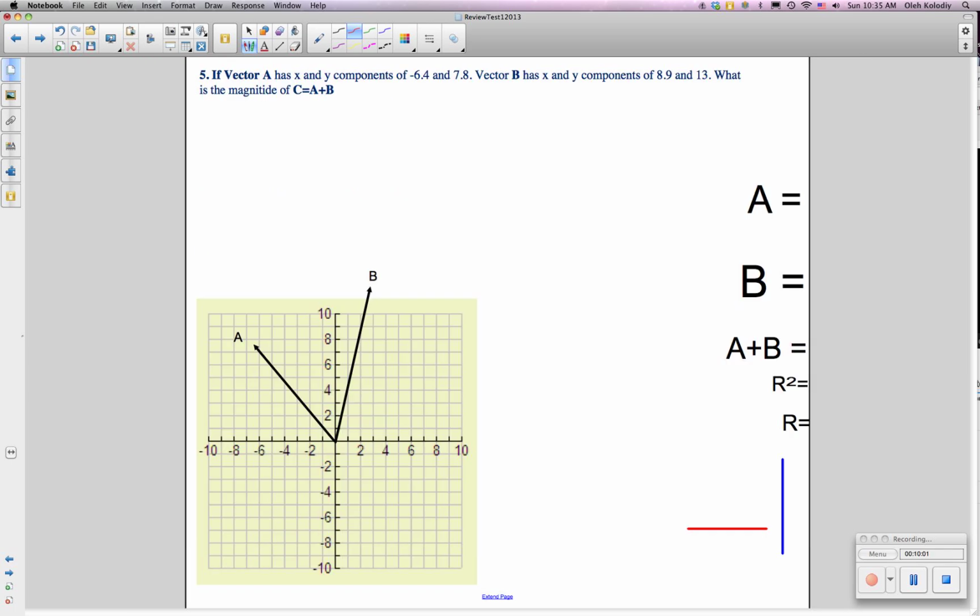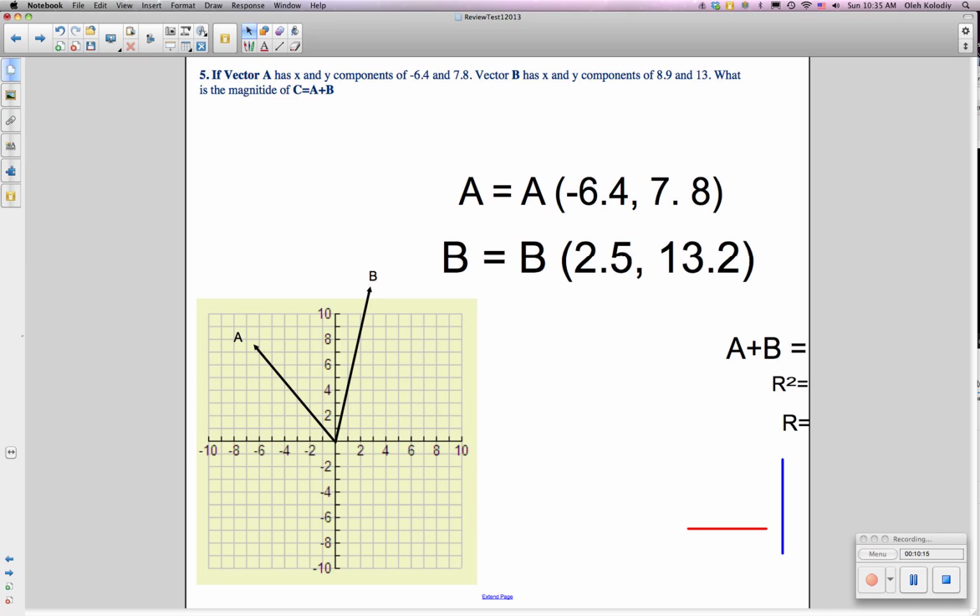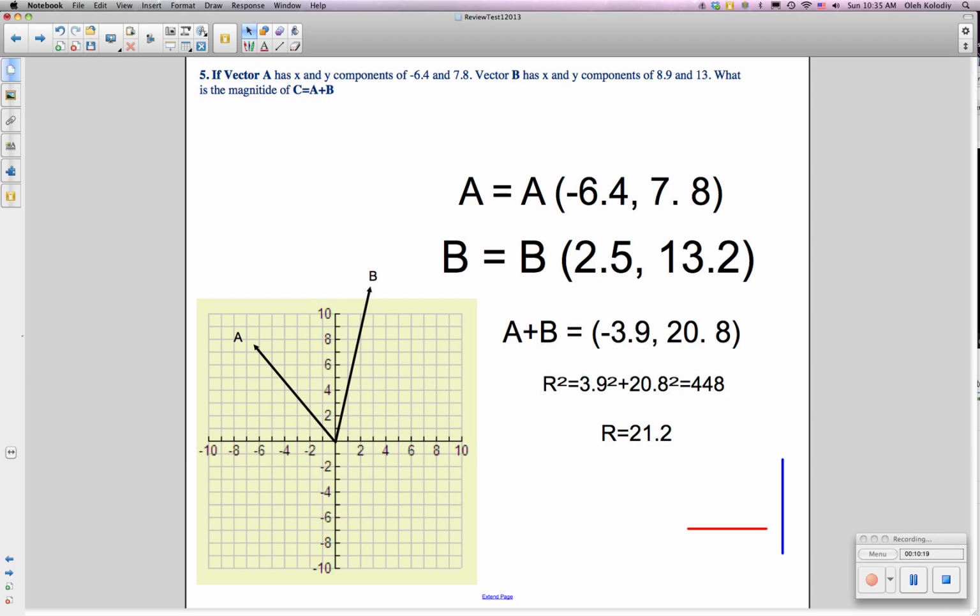So here's another problem for you to try by yourself. Stop the tape, and I'll just put down the answers here. The x component of A is this distance, and the y component of A is that distance.